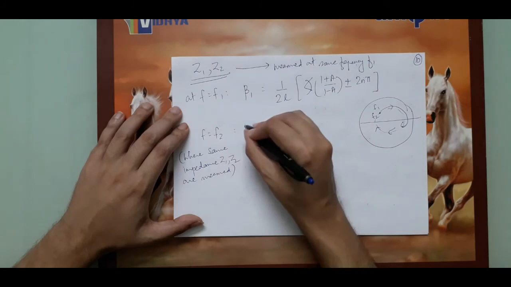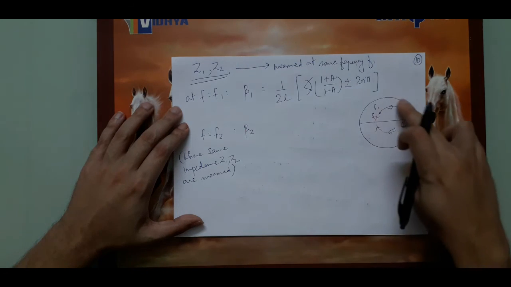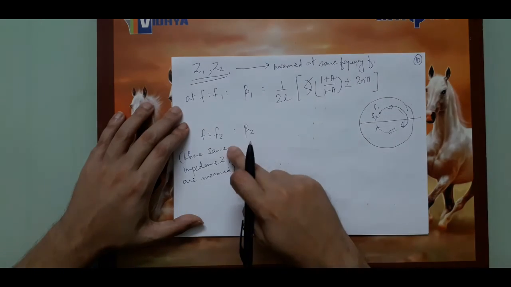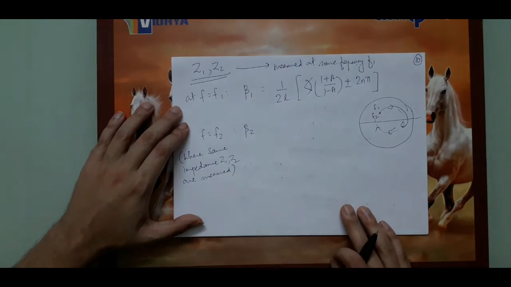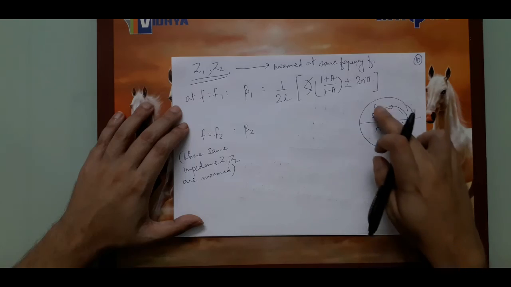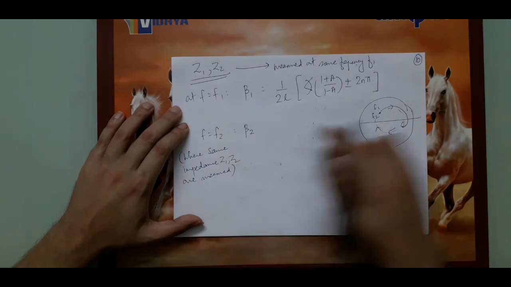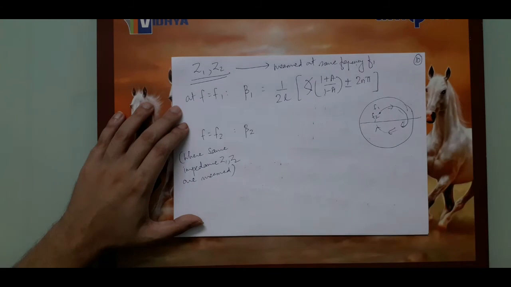Since I did one complete rotation, f2 is the next higher frequency, and in between f1 and f2 there exists no frequency where Z1 and Z2 are repeating. Then I can say that yes, I have covered one complete lambda by 2.